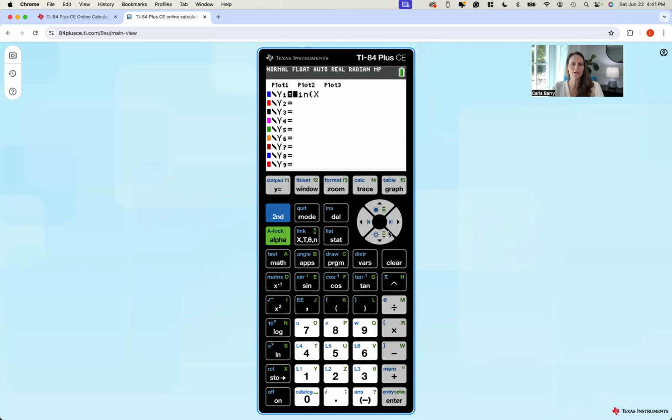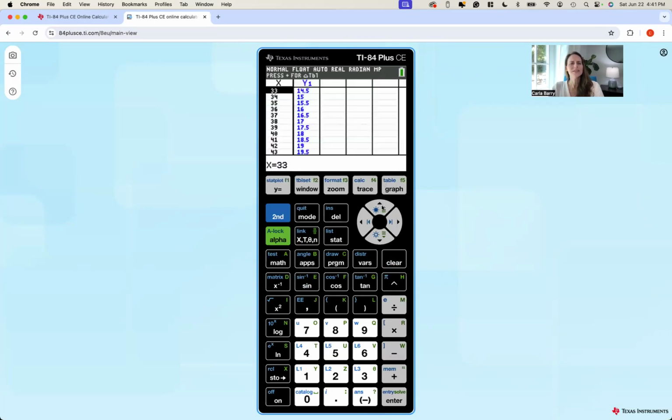Now, something weird happens with graphing. Let's say I had 0.5x minus 2, and I graphed that. And I went to my table. I press second graph to go to my table. Do you see how these all have decimal values for my y coordinates? And that is because my equation had decimals in them.